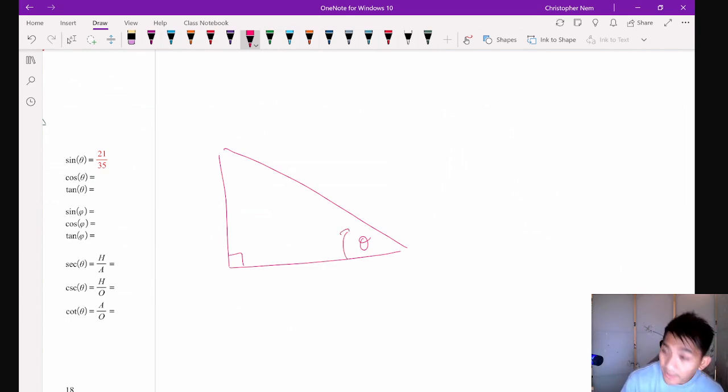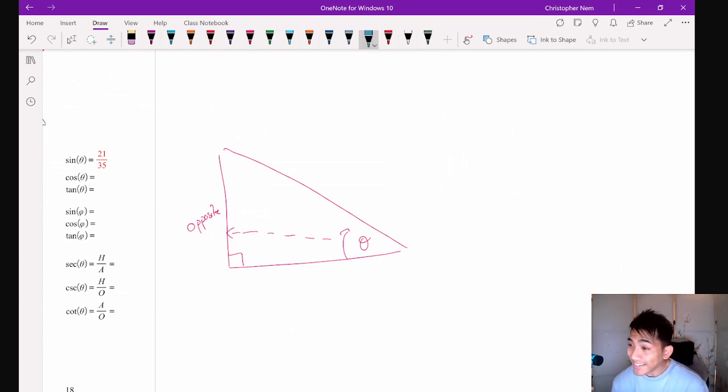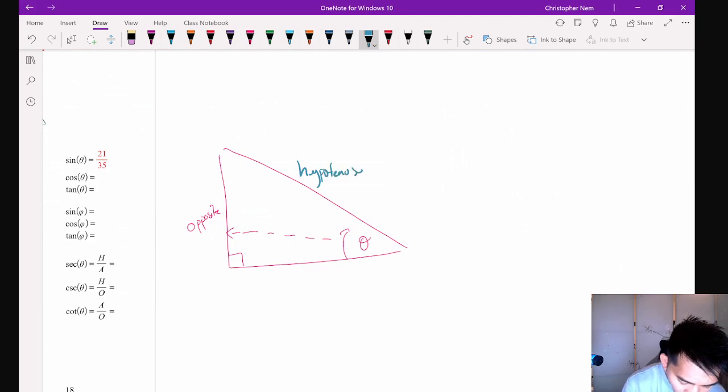In this case, it's theta. We're going to go directly across from it. This is called your opposite side from the angle theta. The adjacent side is the side that touches the angle that is not the hypotenuse. This guy is the hypotenuse because it's the longest side, so the one next to that is the adjacent.